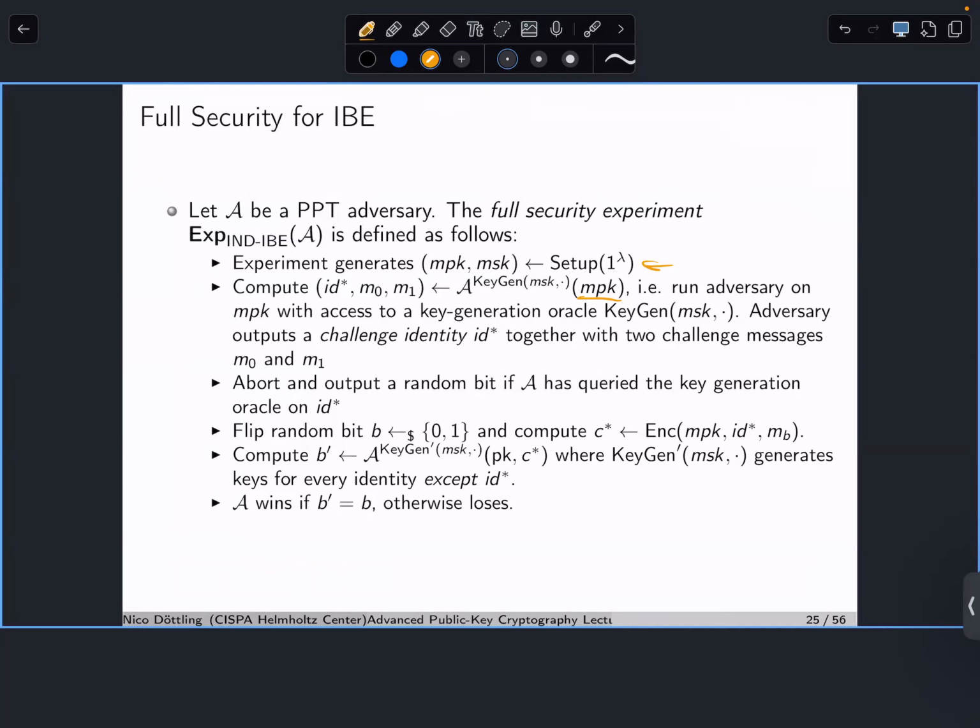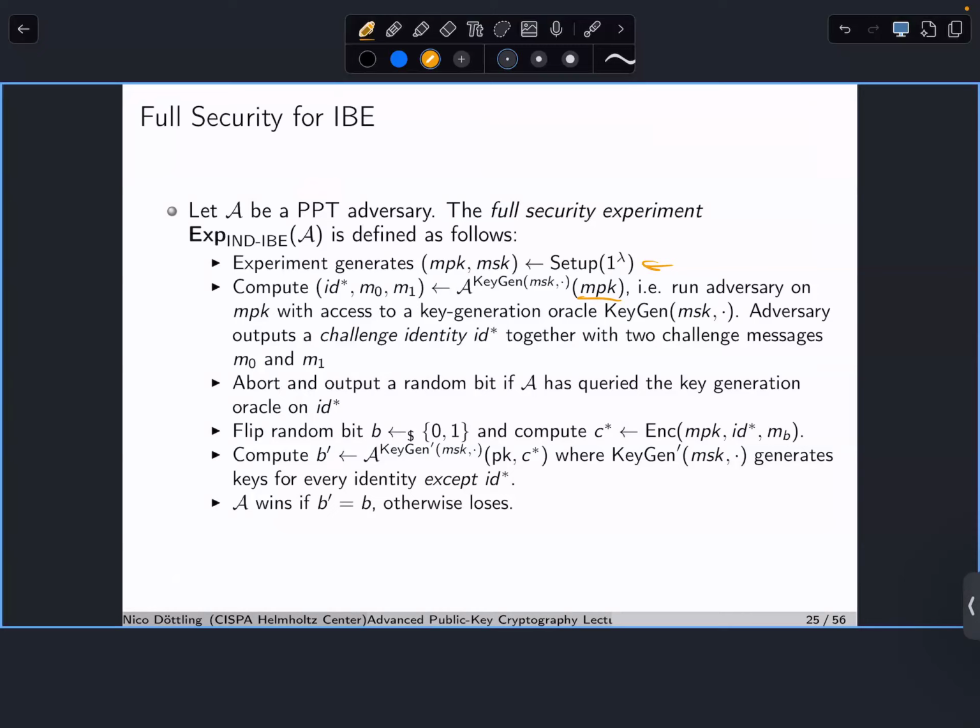So he plays around with this key generation oracle for a while, right? He makes any polynomial number of queries, and then he says, okay, I want to attack this identity ID star, and I would like to get an encryption of either M0 or M1. These are two messages of his choice, right?